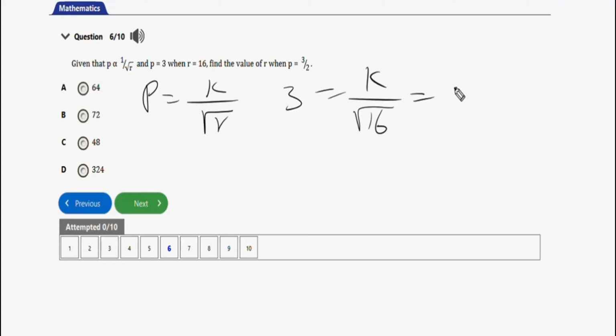So this is the same thing as 3 equals k over the square root of 16, which is 4. To make k the subject, cross multiply, so k is 12. So right now we are looking for the value of r when p is 3 over 2. So p is 3 over 2.